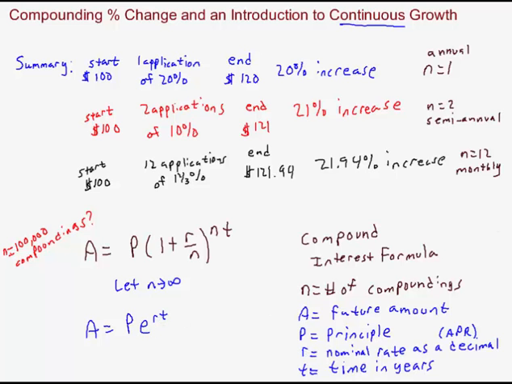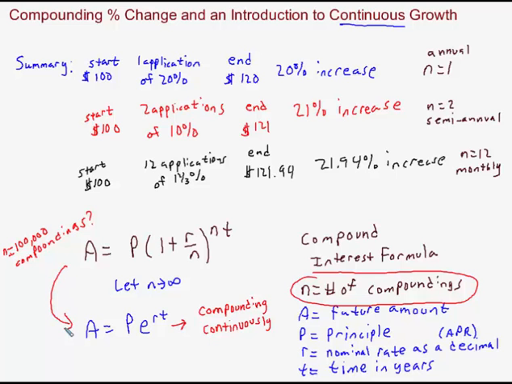If you notice, there's no letter n in here this time, because if you're using this formula, you're assuming n is infinity. You will be told this is the formula to use if you're ever compounding continuously, meaning infinitely many times. You don't need to plug in n equals infinity. The formula assumes that n is very, very large, and this is the formula you'd get in calculus if you took this equation and let n go to infinity.